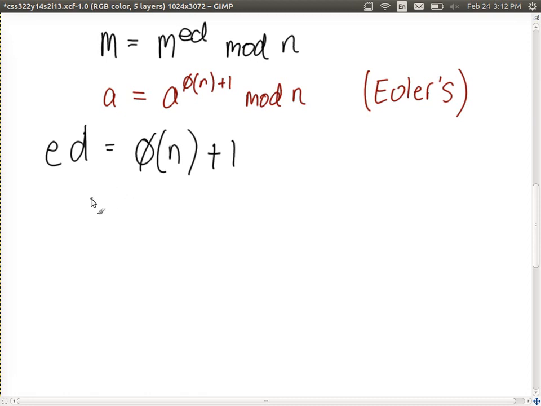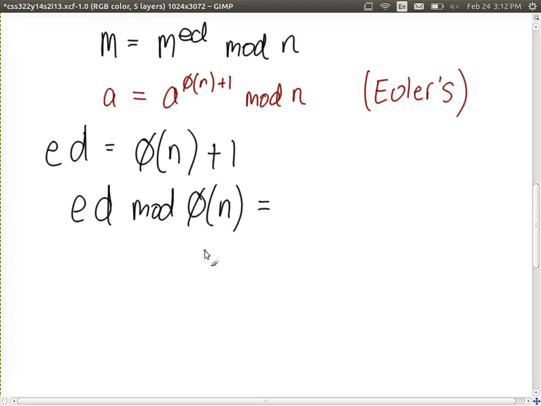Or E times D mod the totient of n should equal what? The totient of n plus 1 mod the totient of n equals, there'll be one remainder. Think 10 plus 1 mod 10 equals 20 plus 1 mod 20, 1.